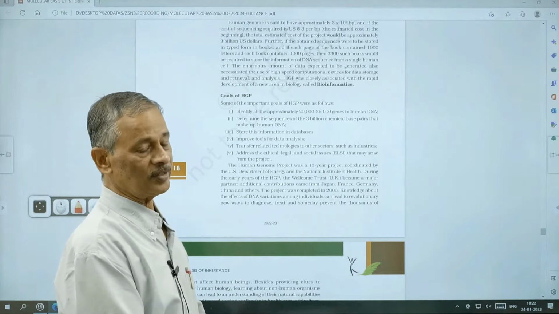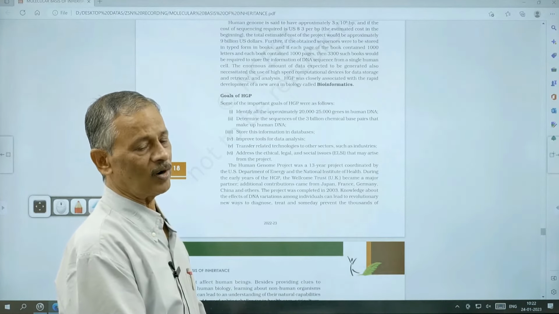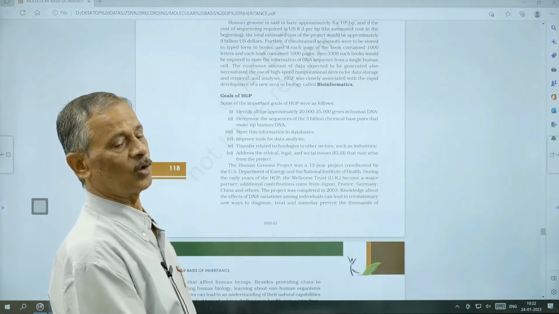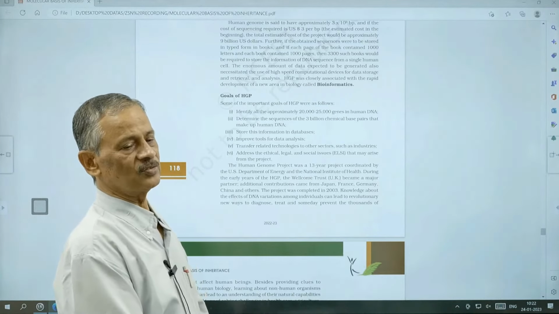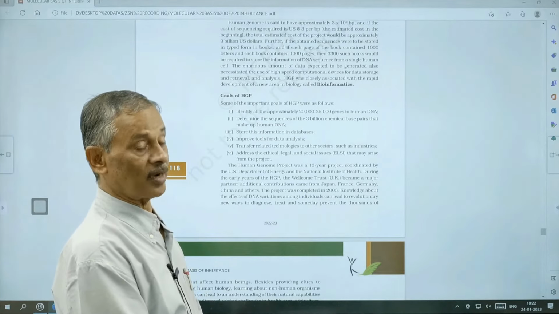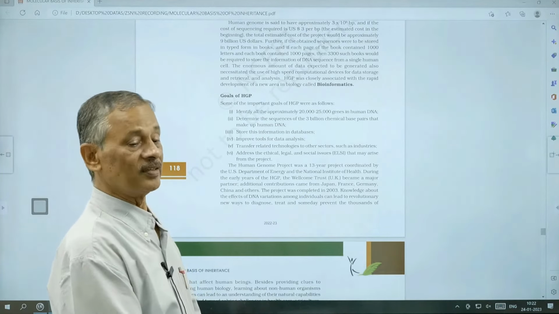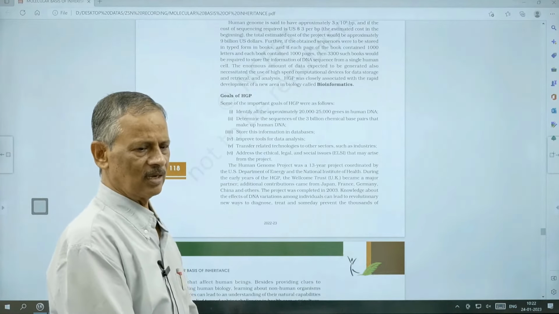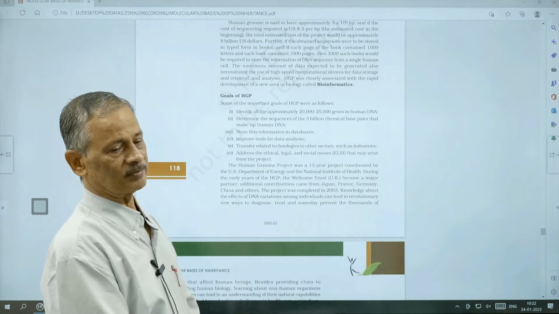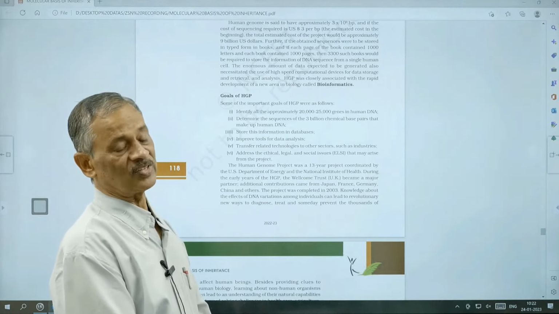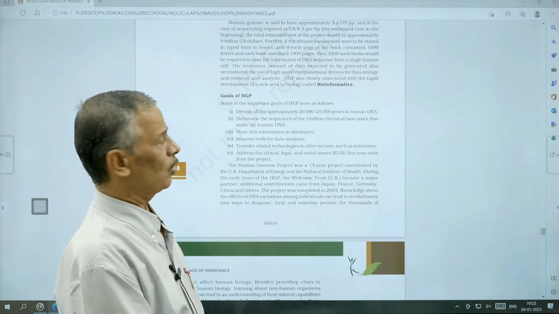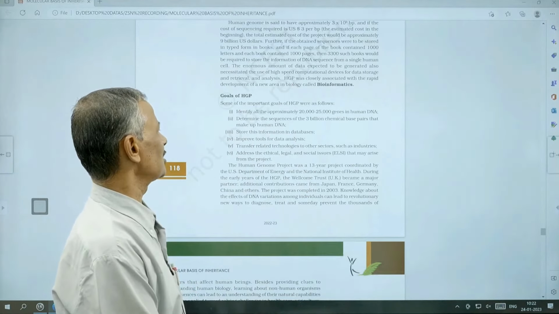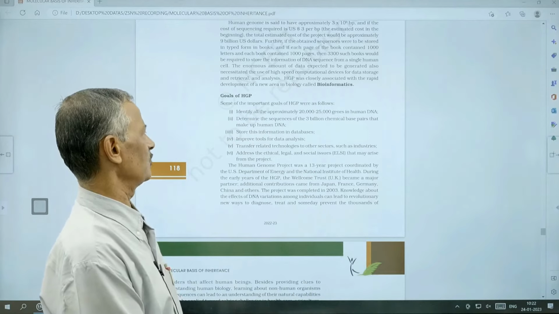We calculate that there will be 80,000 to 1,25,000 genes; that is our calculation. So what is the total number of genes, what is the size of each gene, how they are all arranged, which chromosome has the maximum number, which has the minimum number, and all such information is to be stored in a database.